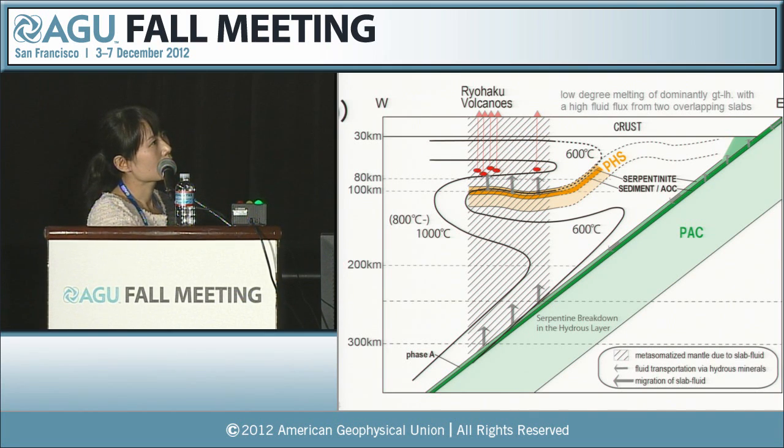Consequently, low melting degree around here of dominantly garnet lherzolite with high fluid flux from the Pacific plate and Philippine Sea plate is responsible for distinct compositional signature with adakite.